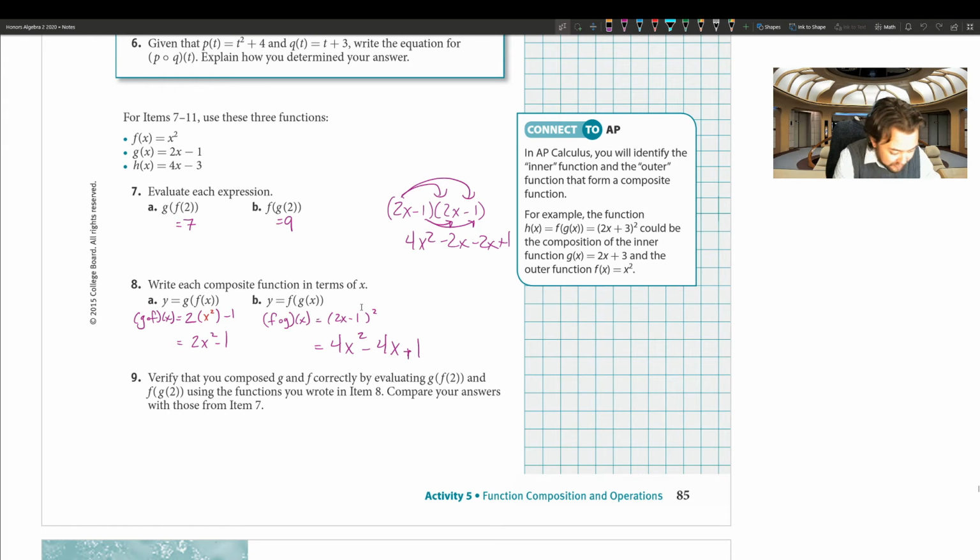Okay, this was a little bit more complicated, so let's go ahead and actually write this one out. 4 times 2 squared minus 4 times 2 plus 1.